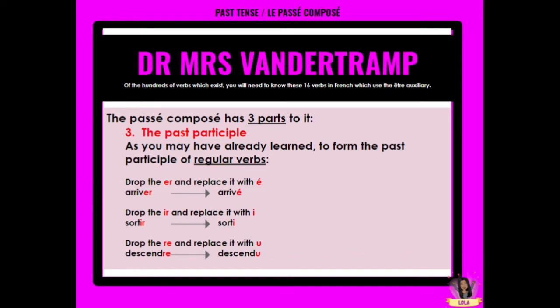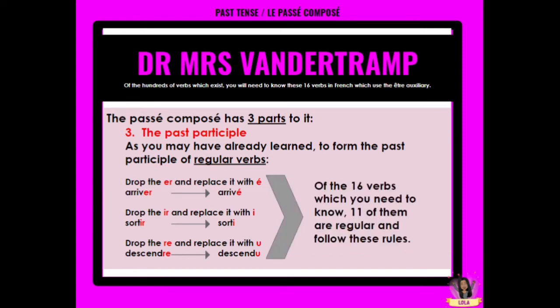But we also have to look at irregular verbs. So out of the 16 verbs here, and there are 16 letters here with Dr. and Mrs. VANDERTRAMP, which you need to know, there's 11 of them here that are regular, and the other 5 will be irregular.